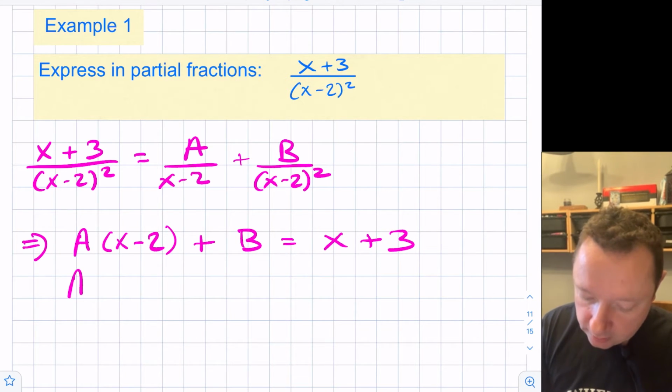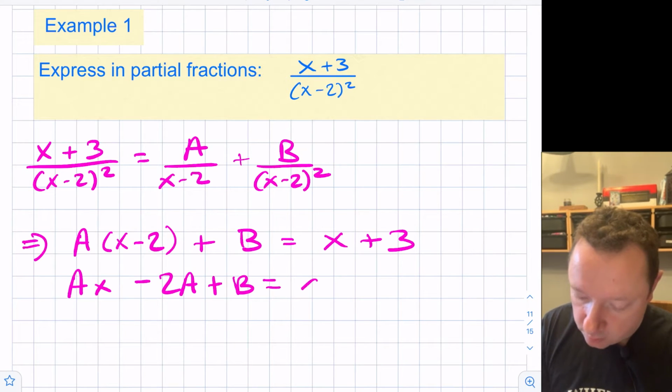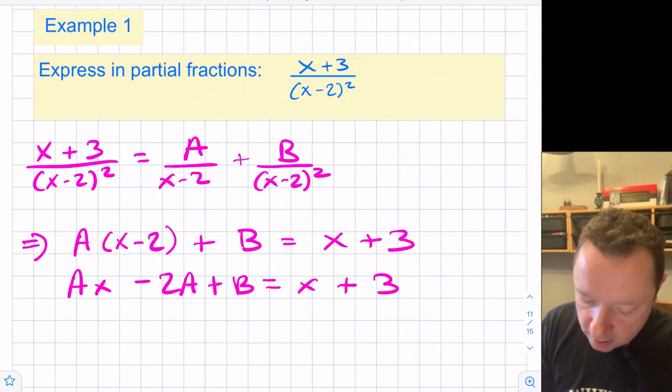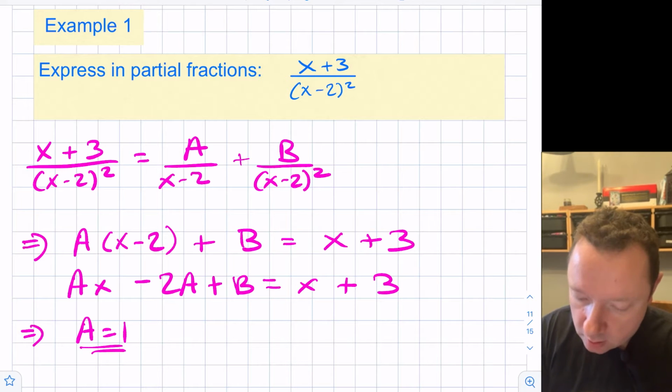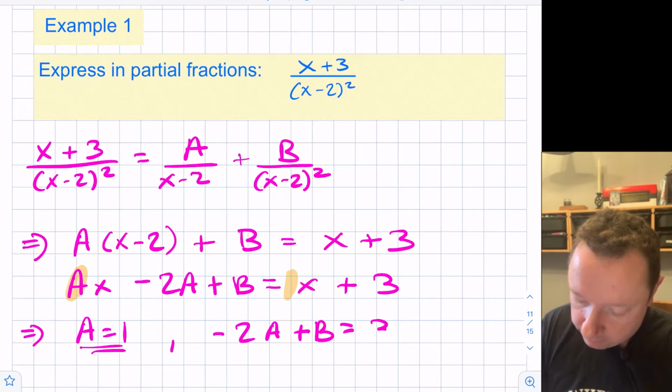So ax minus 2a plus b equals x plus 3. Straight away we can see that the coefficients of x implies that a equals 1 because we've got a here and we've got 1 here, and then we've also got minus 2a plus b equals 3.